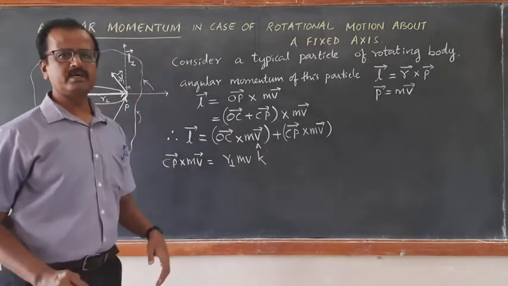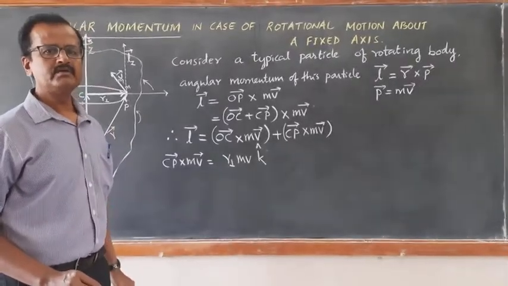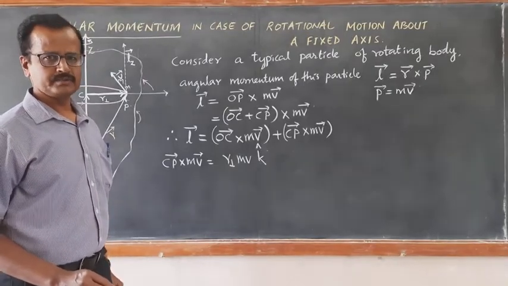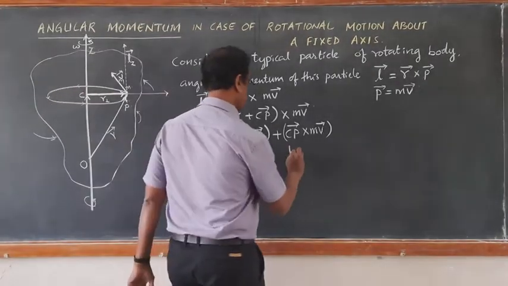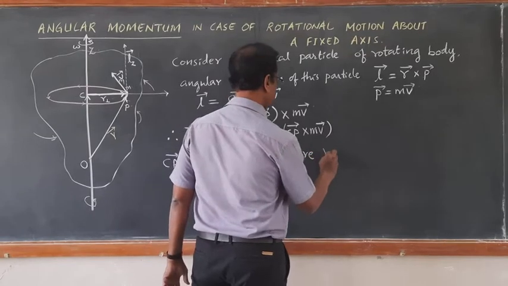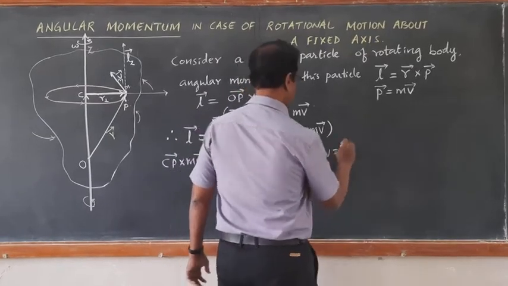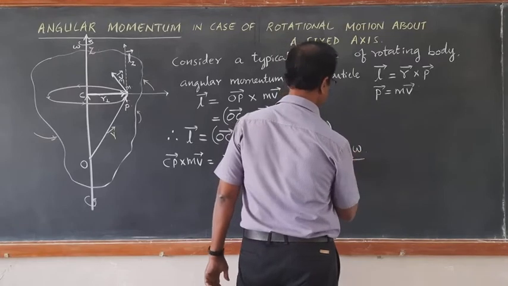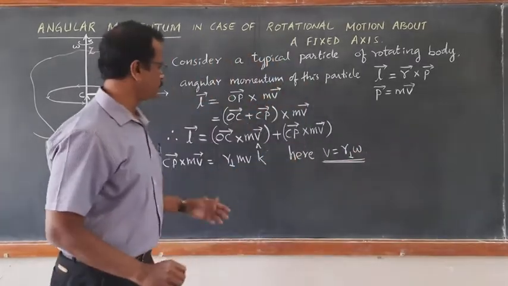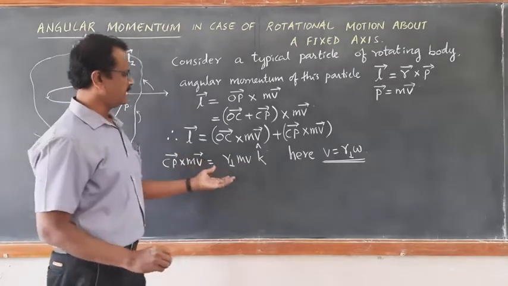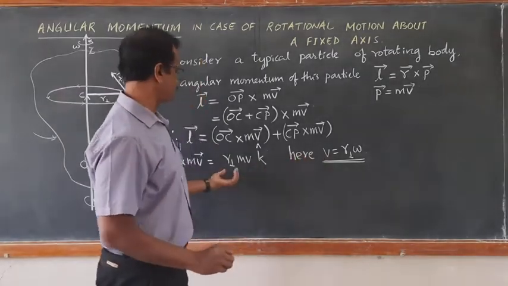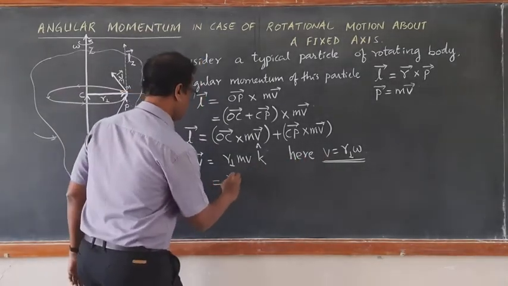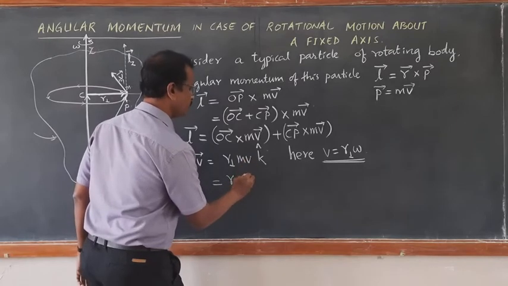Now I will substitute the value of v in terms of angular velocity. We have already learned v is equal to r perpendicular into omega. If you substitute here, this becomes r perpendicular into m times v.